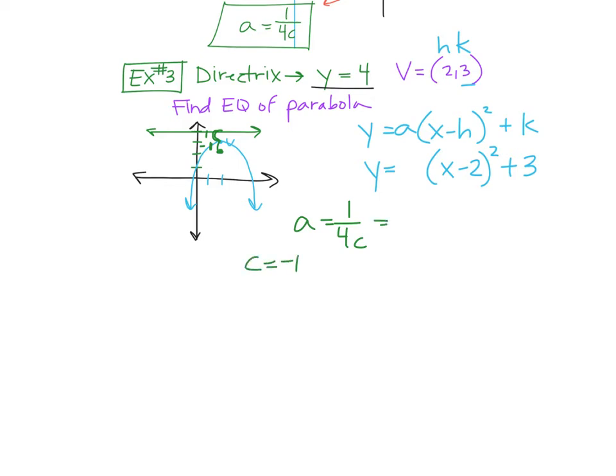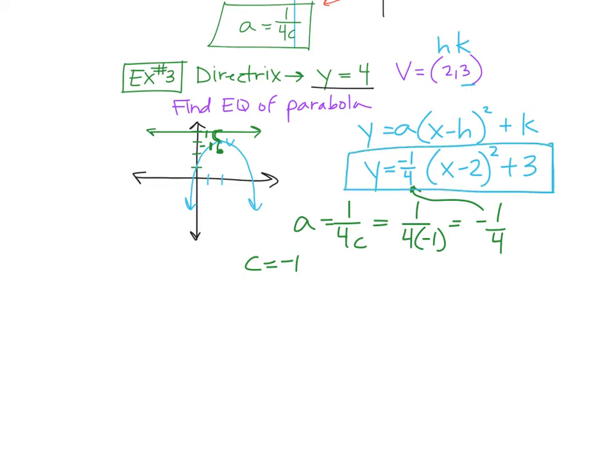So if we plug that in, it's 1 over 4 times negative 1, or a negative 1/4 for our a value. And that number is just going to go right up here. So it's going to be negative 1/4 times x minus 2 squared plus 3. So when they ask you for the equation, that is it.